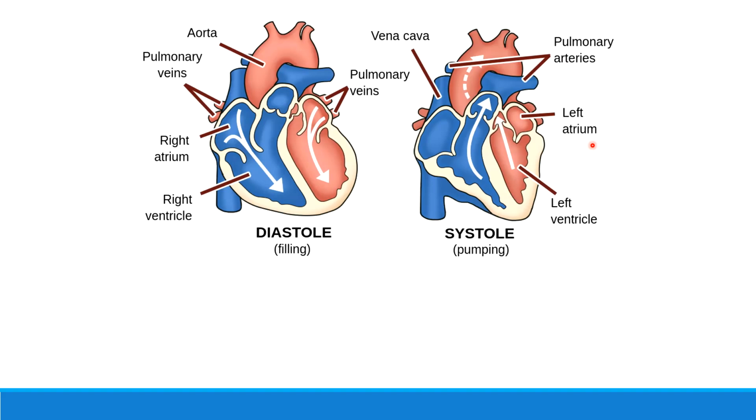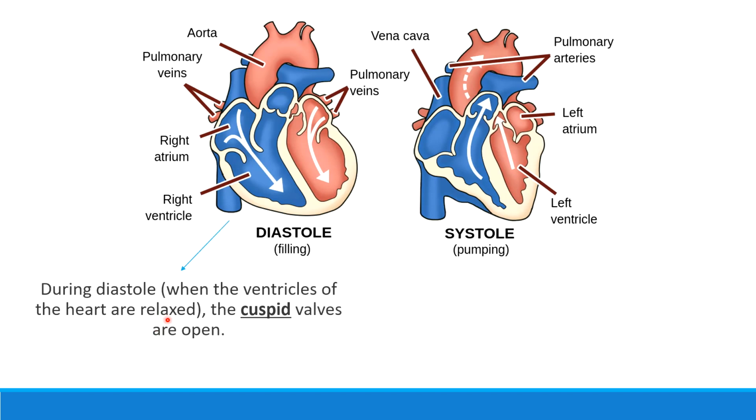So let's look big picture at the functioning of the heart. When we look at those valves, when they'd be open or closed, when we have a relaxing ventricle, this word diastole means relaxed.